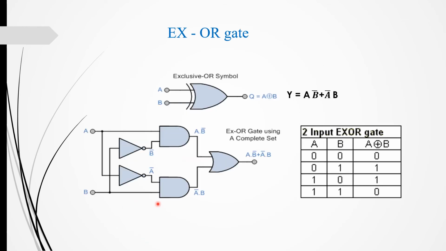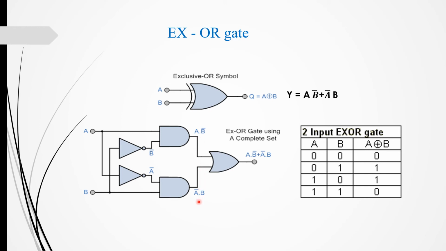In this diagram you can see how XOR gate is constructed using basic logic gates. This is input A, this is input B. Here 2 AND gates and 2 NOT gates are used, and 1 OR gate is used. Here you get input A, then B bar, A bar, B. This is the output of AND gate, which is A into B bar.